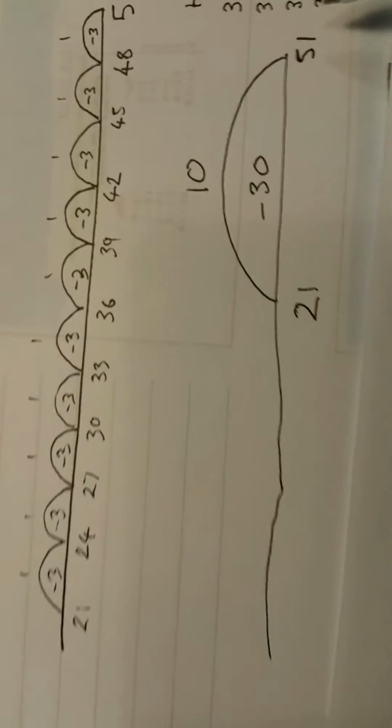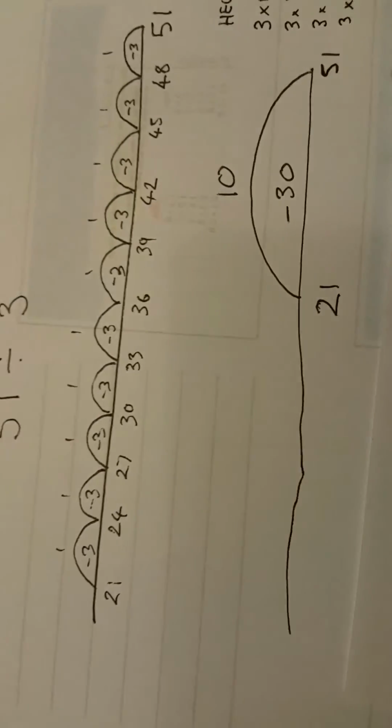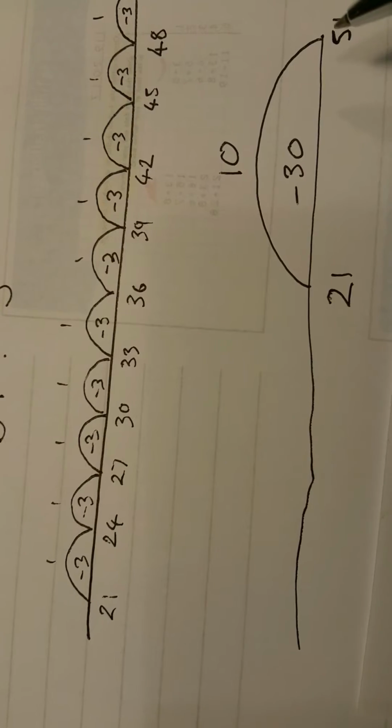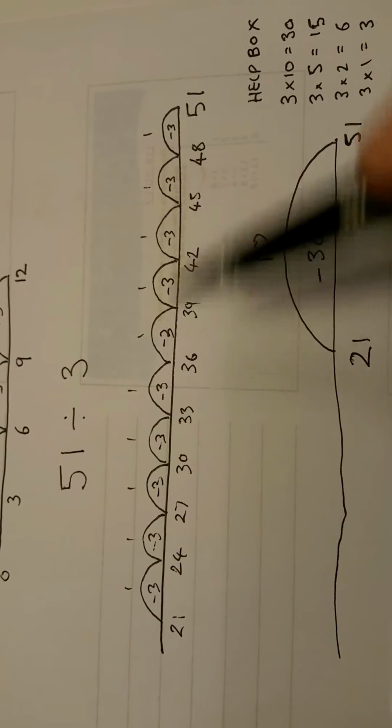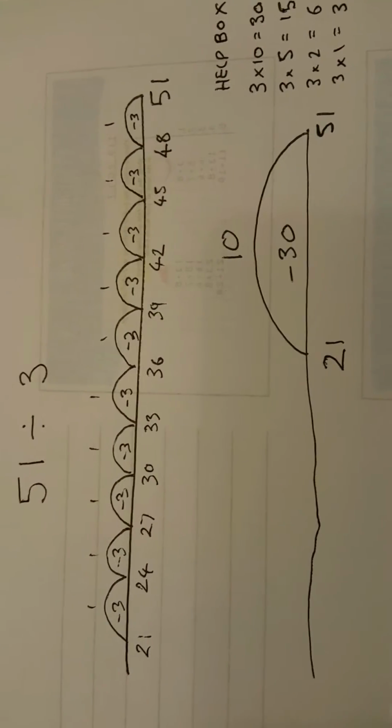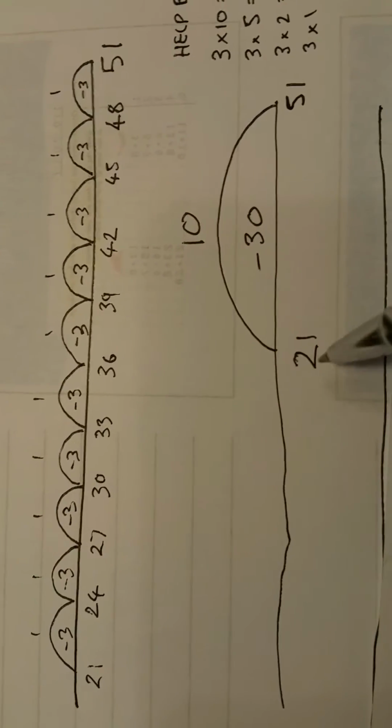So let's go back to our number line. We're finding how many groups of 3 can we get out of 51, and we've already got 10. Instead of doing them one after the other, I did one big jump and I got 10. But I've got 21 left.